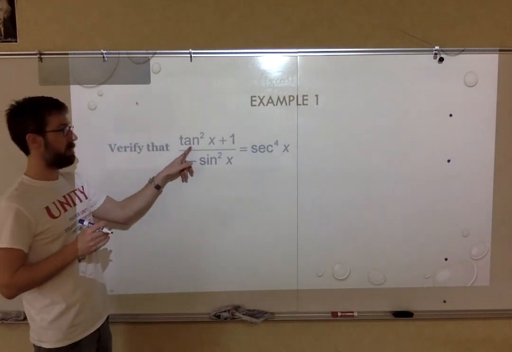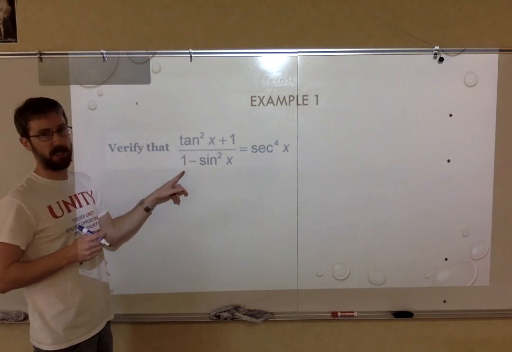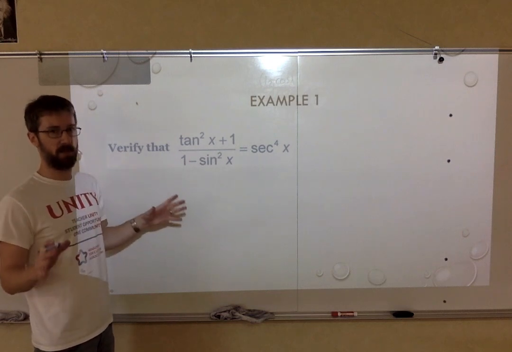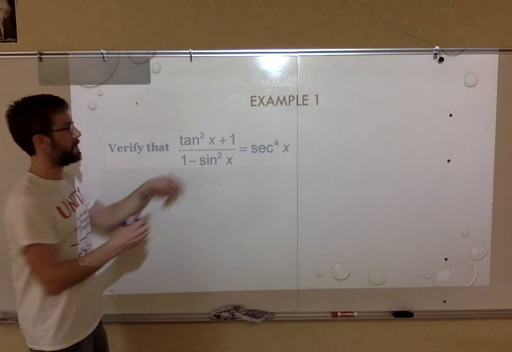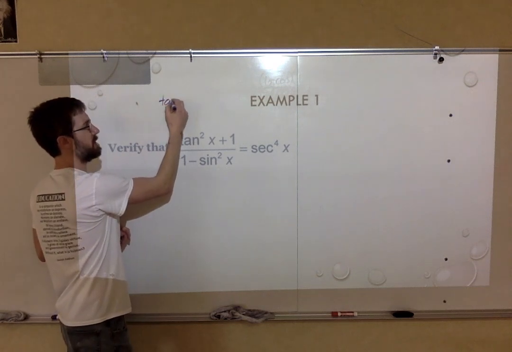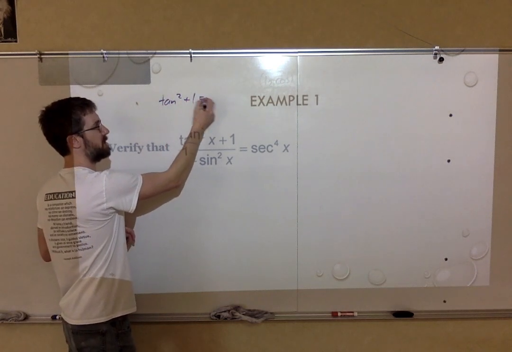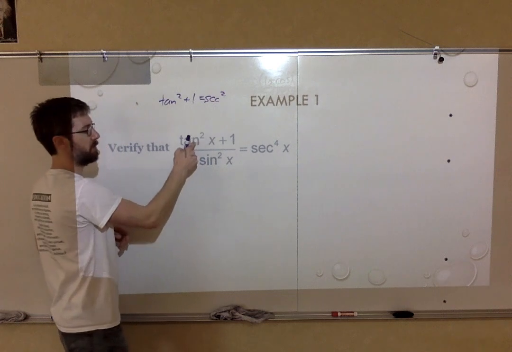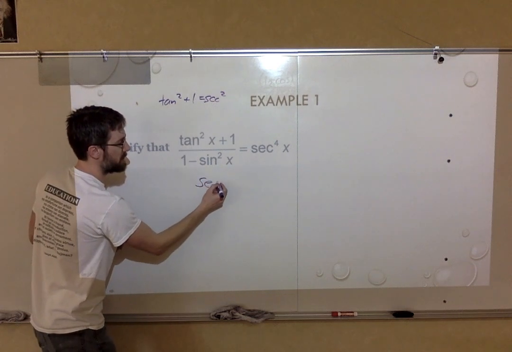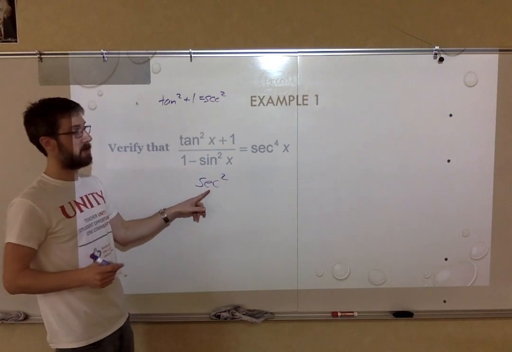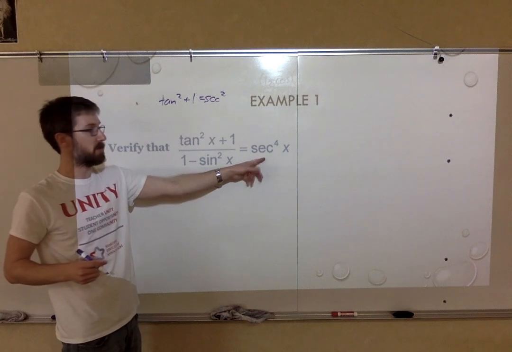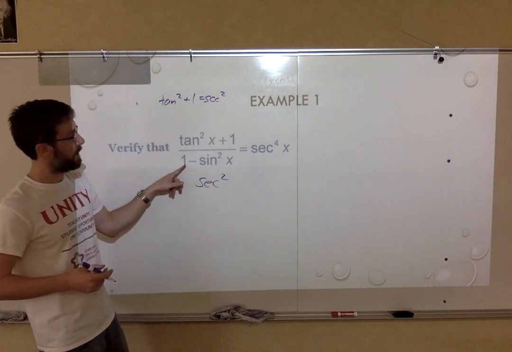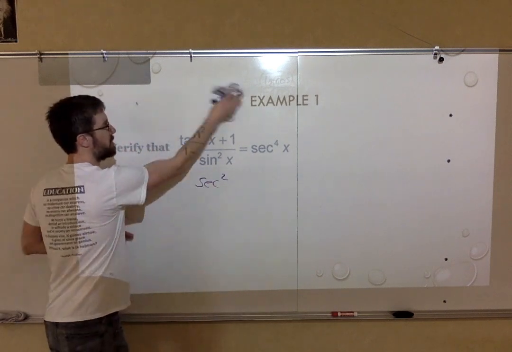I've got stuff that's squared, I've got ones next to it, I'm immediately thinking Pythagorean identities. Our Taylor-Swift identity says that tangent squared plus 1 is equal to secant squared. So the numerator, I can just change to secant squared. Well, that's good because I'm trying to make it secant to the fourth, so I'm sort of halfway there. All right, the denominator, 1 minus sine squared.